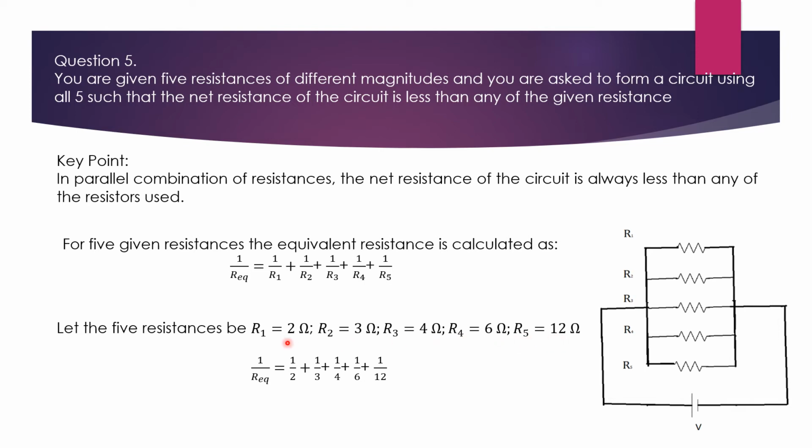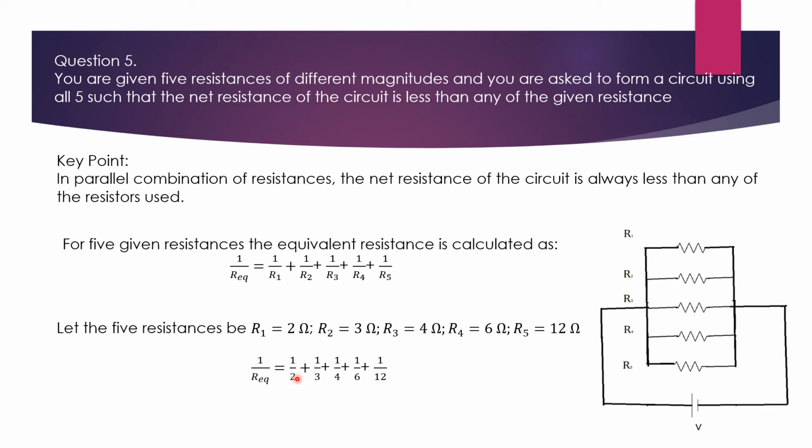I have chosen these all different resistances considering easy calculations, so that these calculations, once I perform them here, become easier. We may not have to use the calculator even.